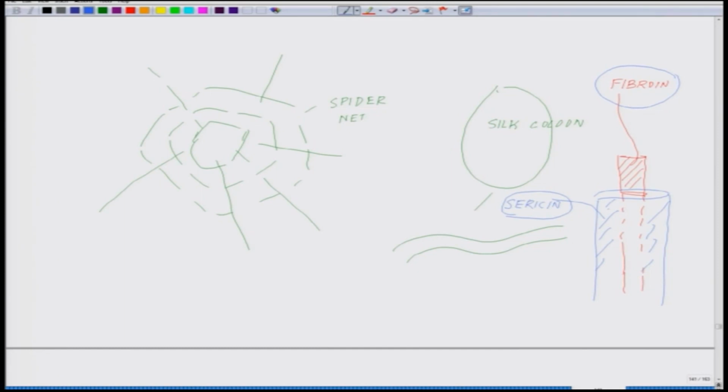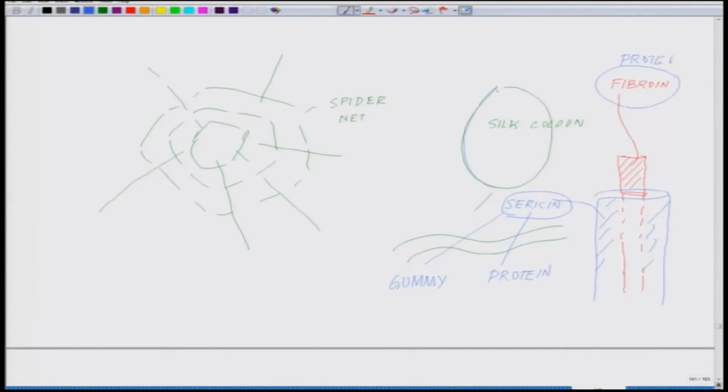So, this sericin is a protein and fibroin is another protein. This protein is very gummy in nature, it sticks. So, different fibroin threads stick to one another using this sericin protein, that is why it forms a structure like a silk cocoon.